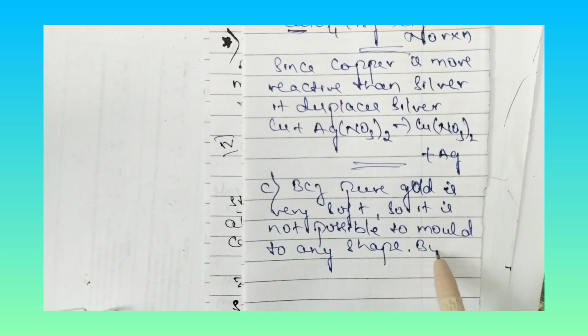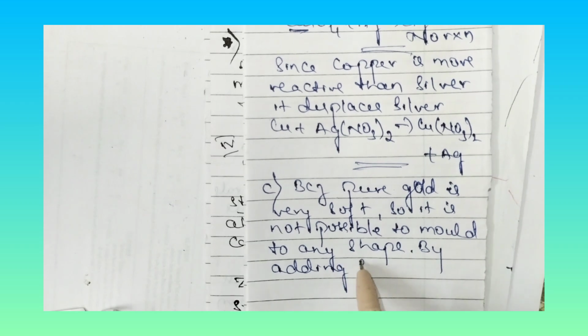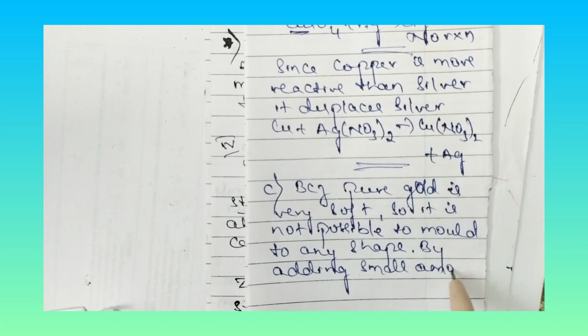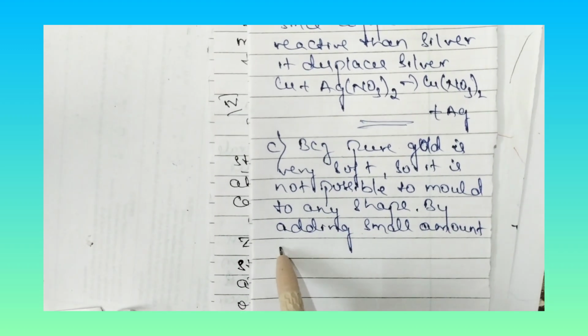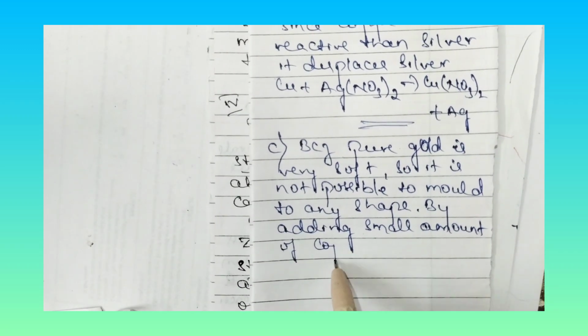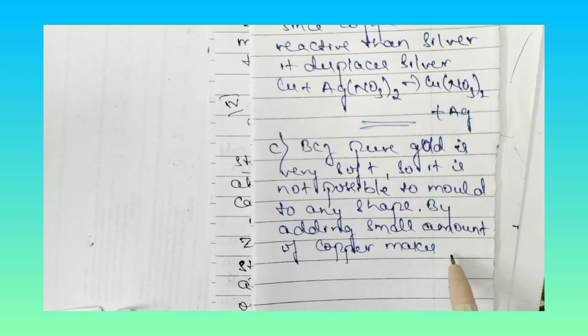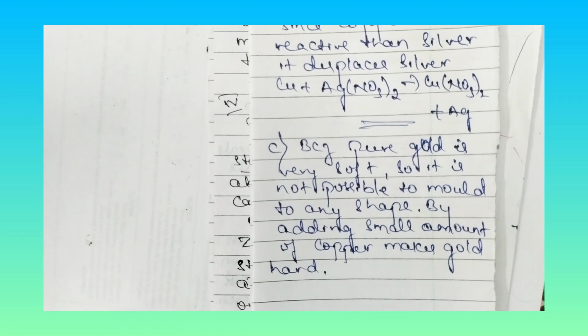By adding a small amount of copper makes gold hard. So this is the answer for the ninth question.